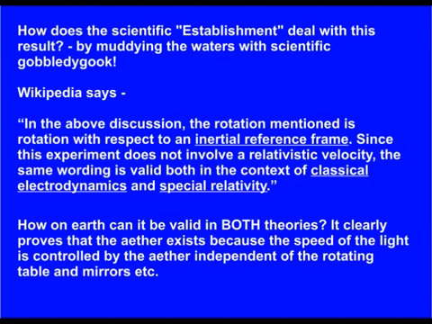Since this experiment does not involve a relativistic velocity, the same wording is valid both in the context of classical electrodynamics and special relativity." How on earth can it be valid in both theories? It clearly proves that the ether exists because the speed of the light is controlled by the ether independent of the rotating table and mirrors.